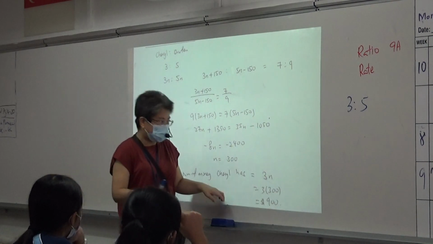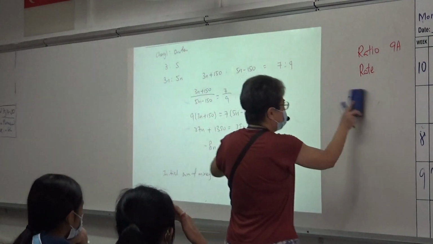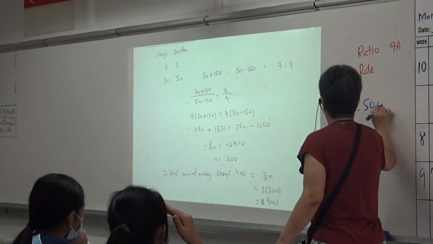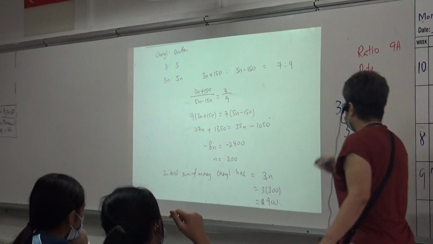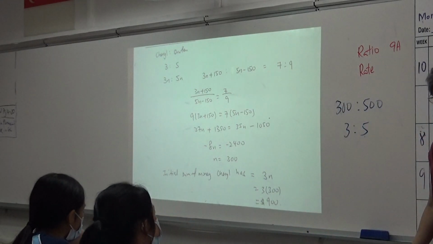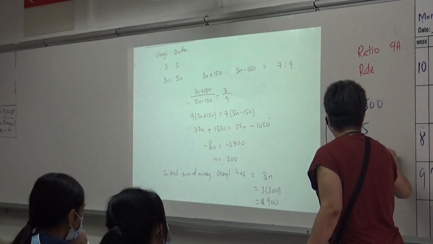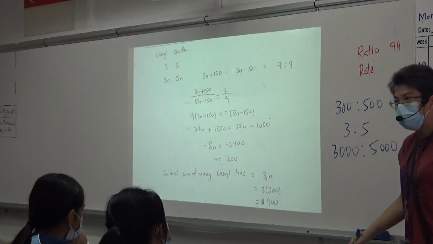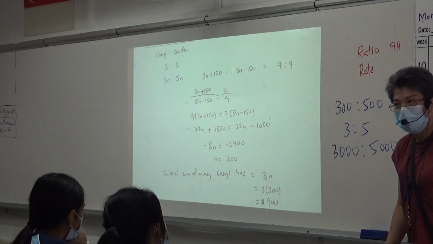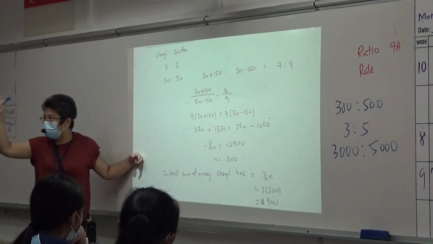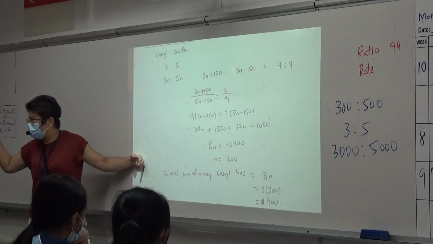For example, if I have 300 is to 500, I will also become 3:5. If I have 3,000 is to 5,000, I will also get 3:5, right? So I got to times a certain amount, same amount on both sides, to get the actual amount.